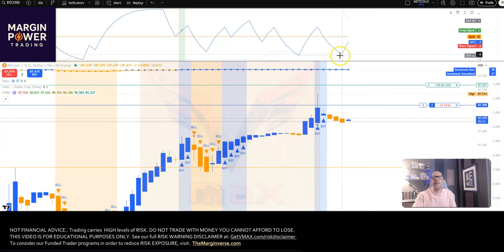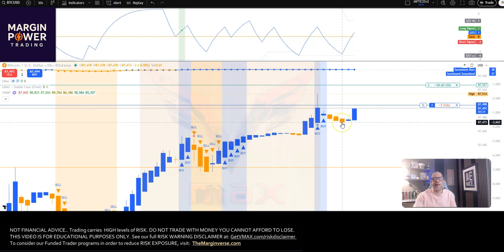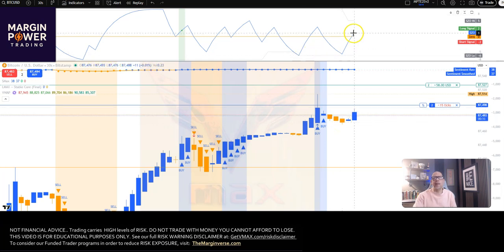What I'm seeing on the VMAX right now is this point right here was higher than that last stop. That means there's a little more pressure to the upside, and we saw that on this orange candle, right?